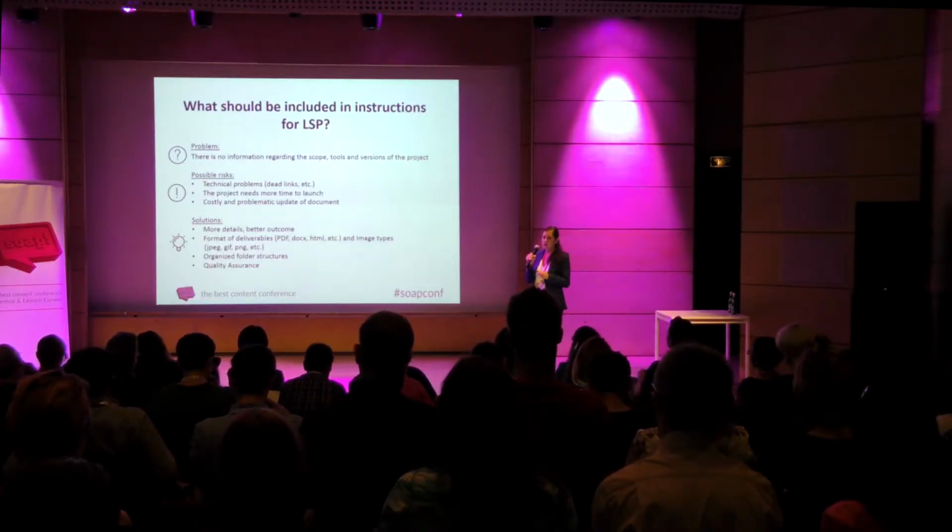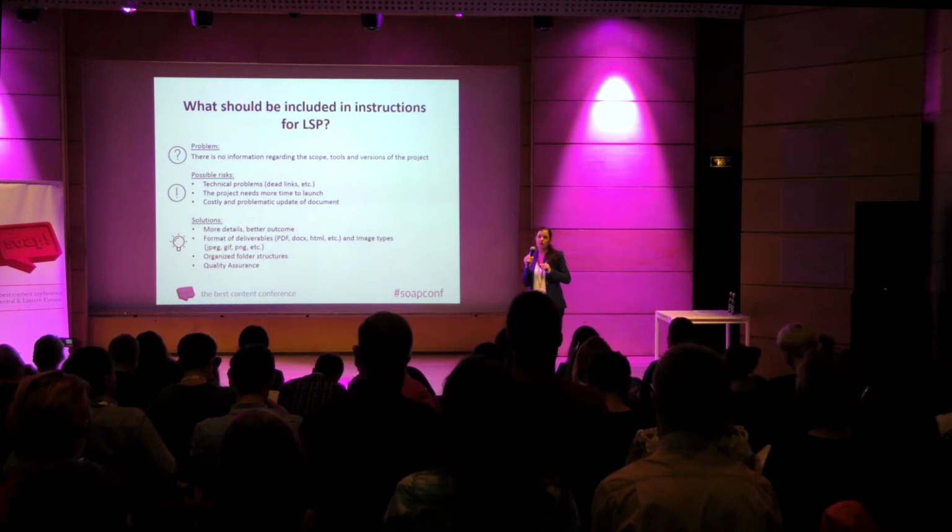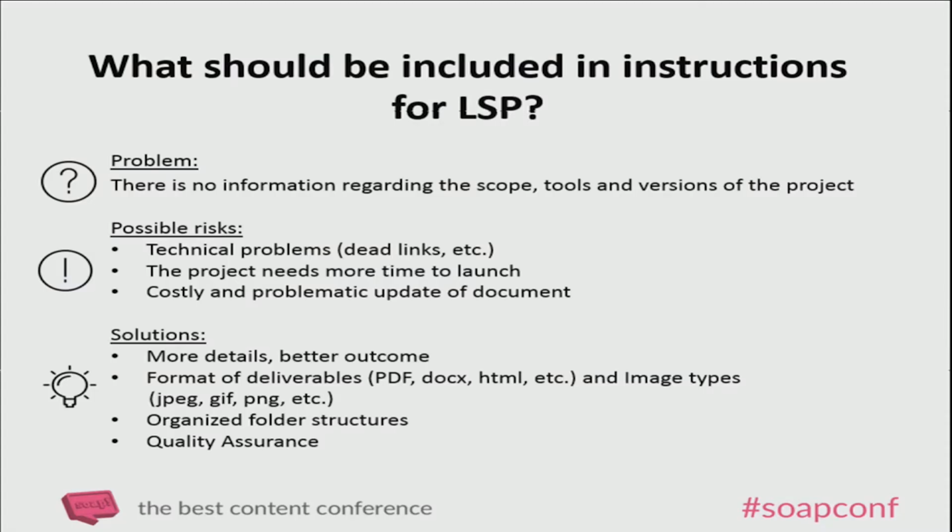The worst case scenario is when there is no information about the scope, the tools, the versions of the project. So we know nothing, we just get the plain file. So there might be so many technical problems, dead links, as we said in the previous presentation, or sometimes there are embedded objects such as Excel files in presentations, in documentation.